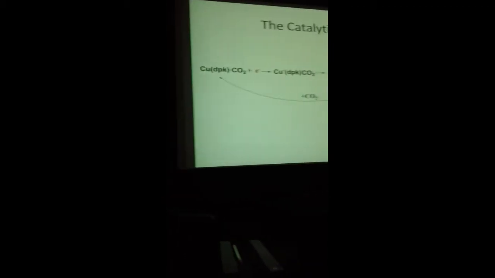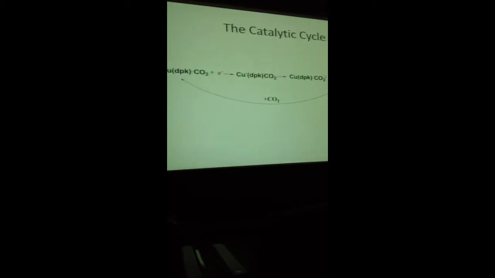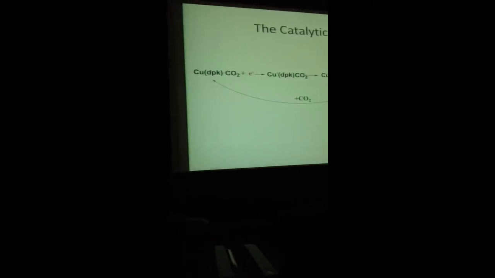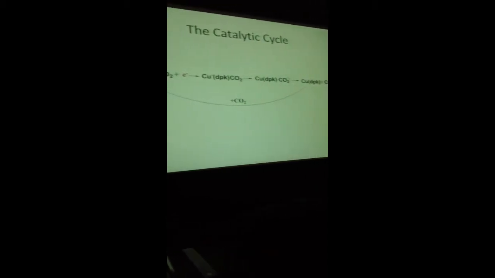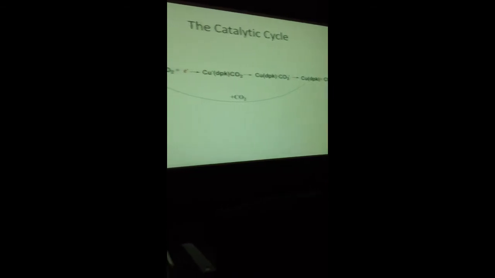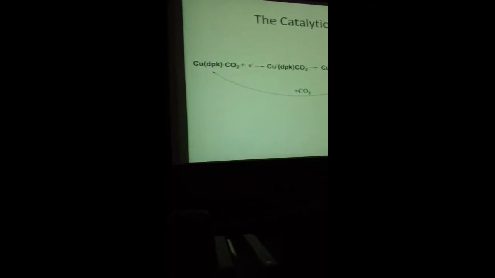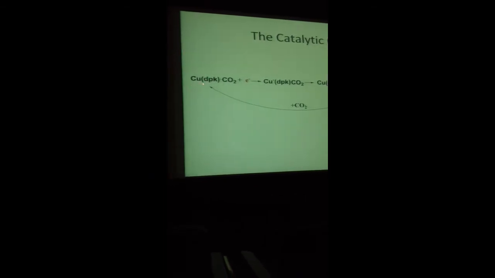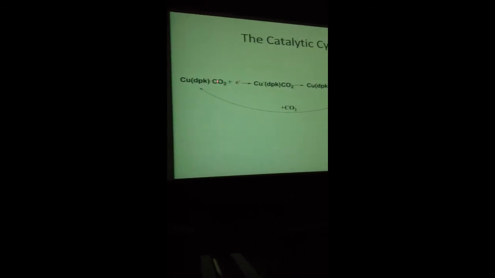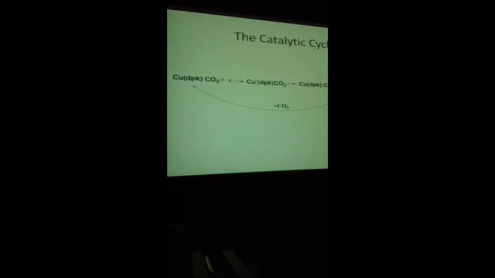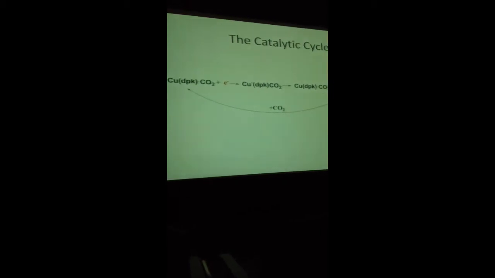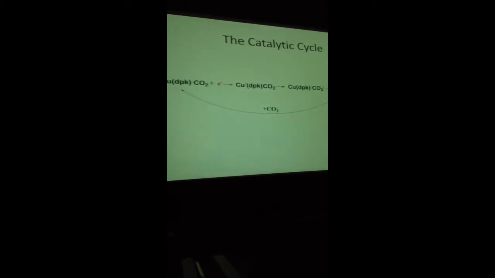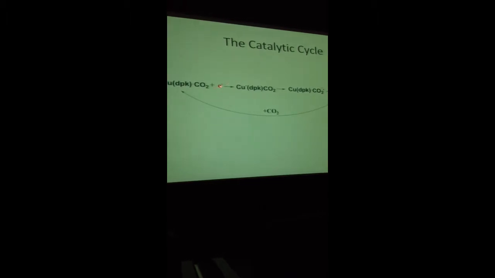So I'm going to go over the catalytic cycle. This is a graphic of what I hope to happen when my compound is in the presence of CO2. So I have the copper DPK molecule that I make, and it's in the presence of CO2, so it's bound to CO2. I'm running electricity through a solution of this. So that's my electron. That comes from the electricity.